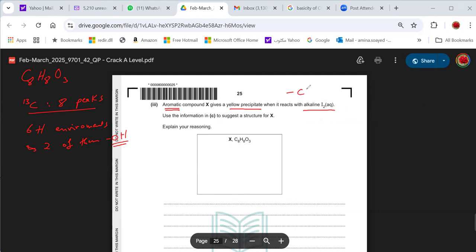It means that it contains the CH3C=O group. And use the information in C to suggest a structure for X, and explain your reasoning.